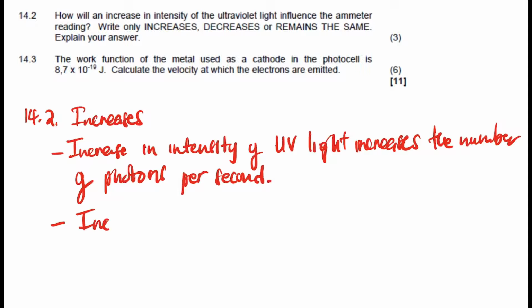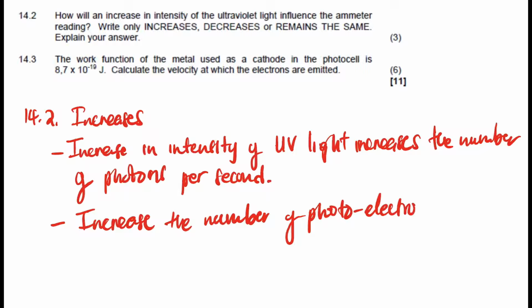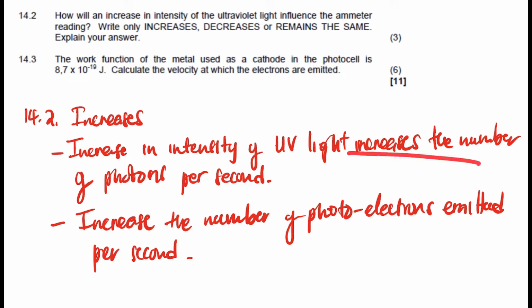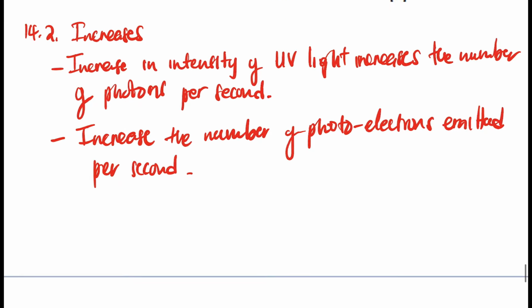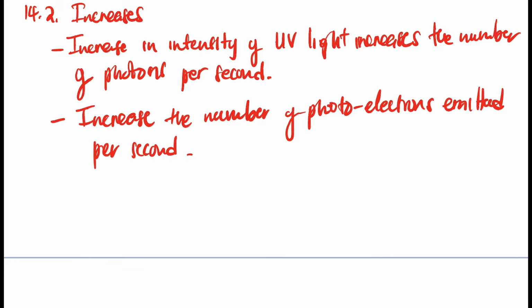And also, when you increase the intensity, it increases the number of photoelectrons emitted per second, or per unit time, right? That's one of the reasons for the increase. It increases the number of photons per unit time, and it increases the number of photoelectrons per unit time, right?